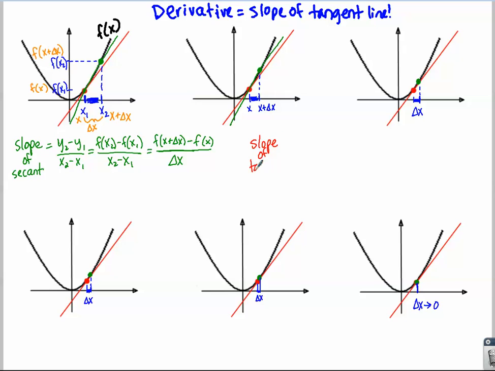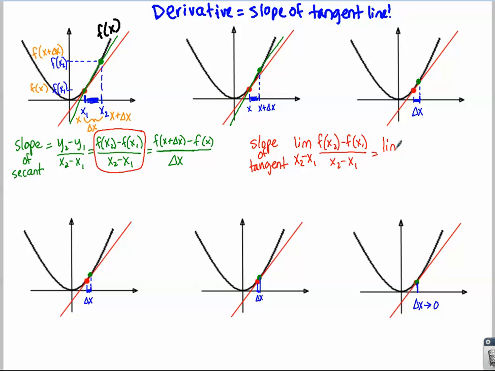The slope of the tangent line is this difference quotient or this difference quotient, but using limits. Either we can say, if we use this difference quotient, the limit as the second x coordinate approaches the first x coordinate of f of x sub 2 minus f of x sub 1 over x sub 2 minus x sub 1.